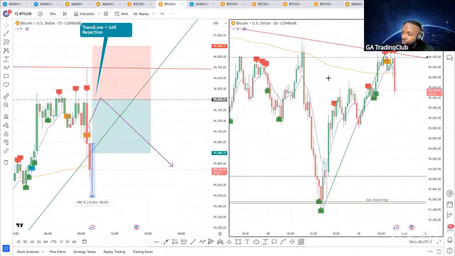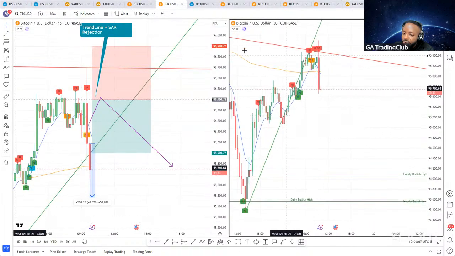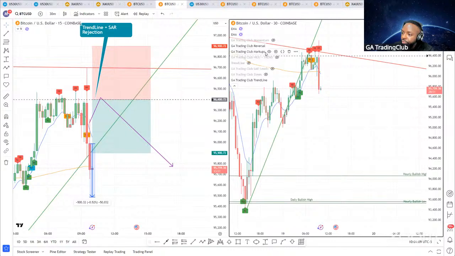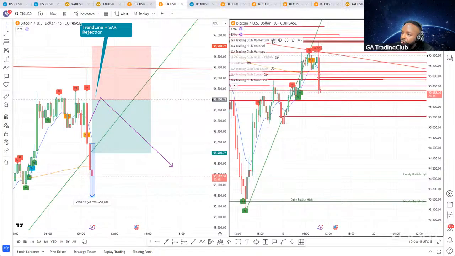BTC, we had a rejection at resistance here on the 30-minute time frame. So if we turn on the SAR levels, same thing here for BTC. You can see it's closed below about 8 SARs on the 30-minute time frame.